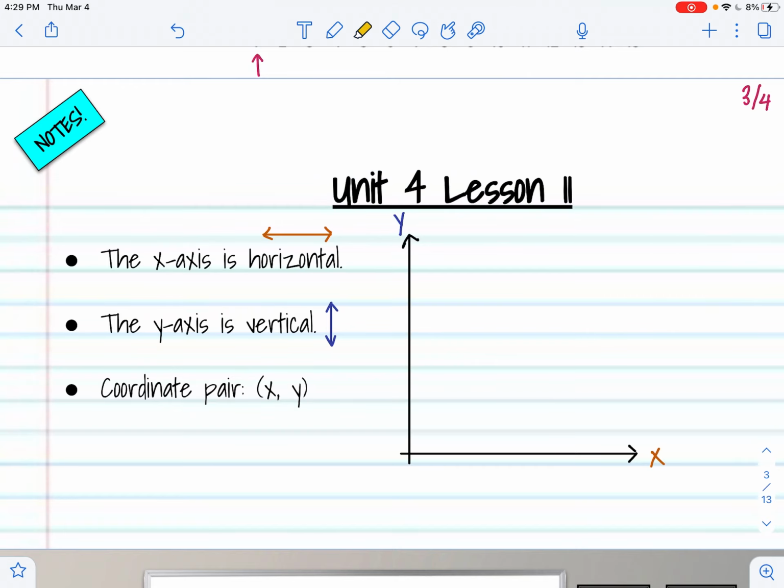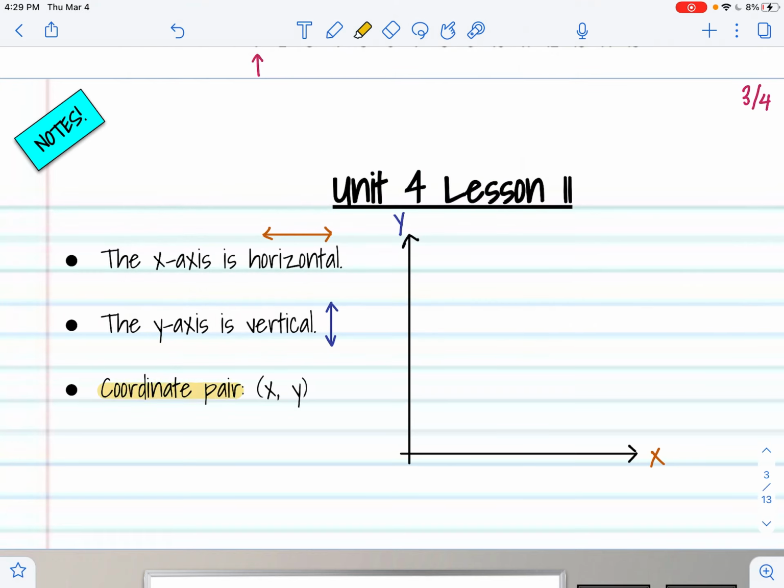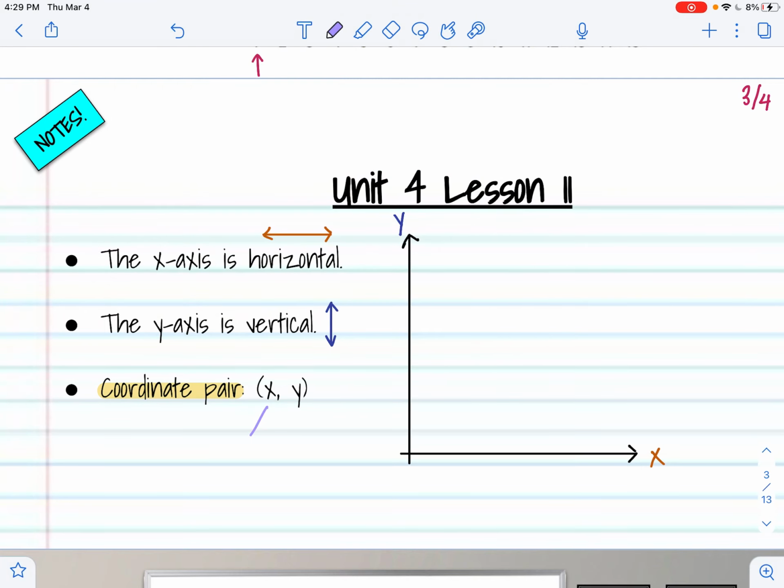Then, when we look at a coordinate pair (x, y), so two numbers, we know that our x value tells us how far side to side, and our y value tells us how far up and down.